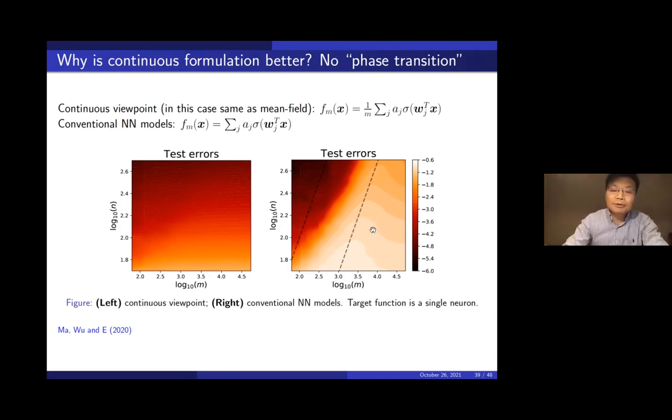So you have to tune your architecture so that it falls into this region. Now this is only a two-layer neural network. You can imagine for multi-layer neural networks, this phase diagram is going to be much more complicated, and your tuning task is going to be much harder.